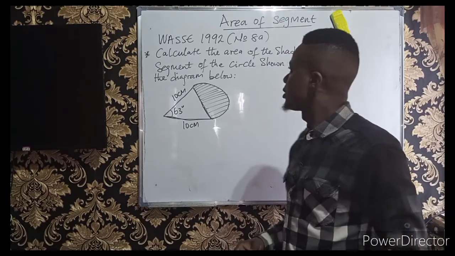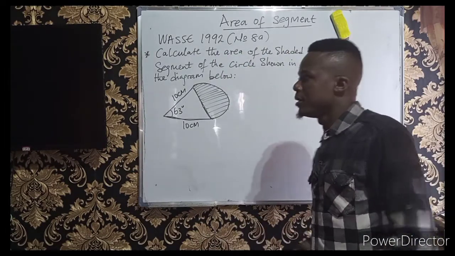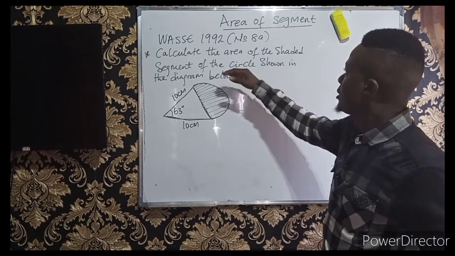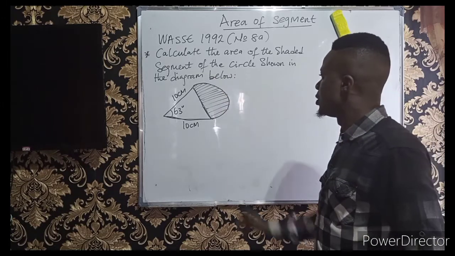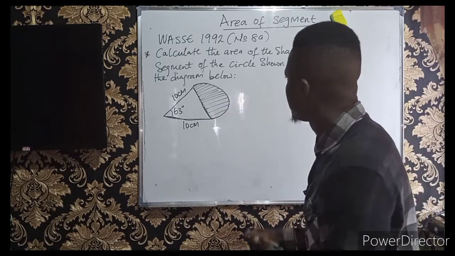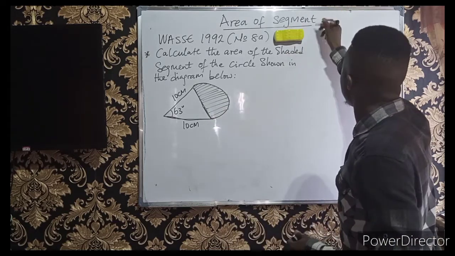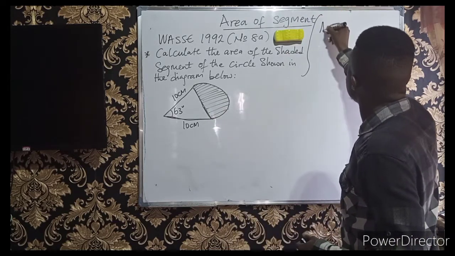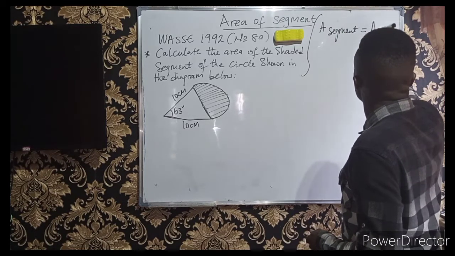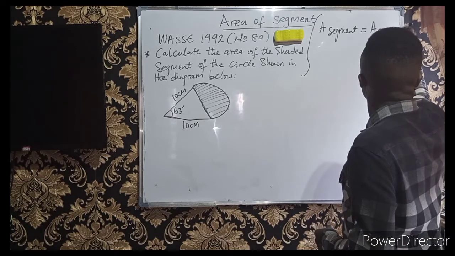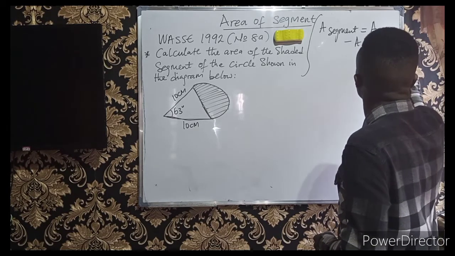Right, let us solve the last question. This is WAEC 1992 number 8A question from the theory, and we are told that we should calculate the area of the shaded segment of the circle shown in the diagram below. You can see the diagram here. So you should know that area of segment is the same thing as area of sector minus area of a triangle.